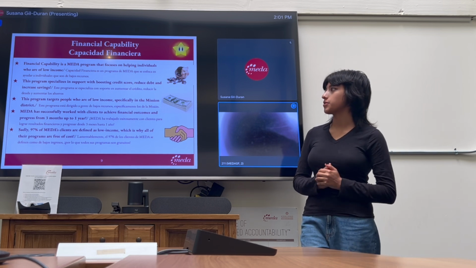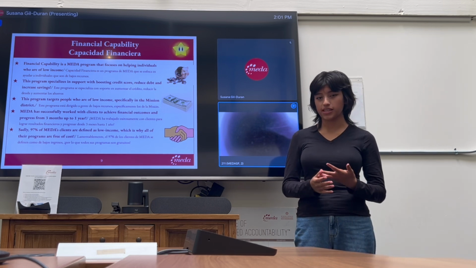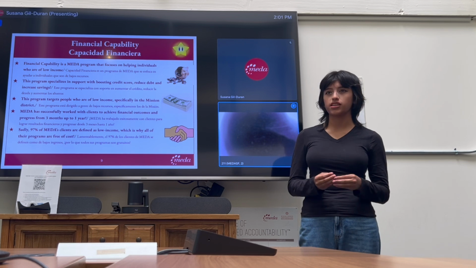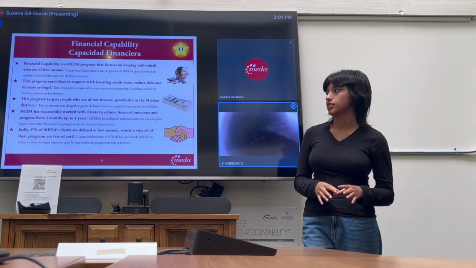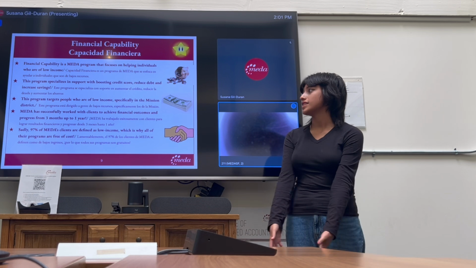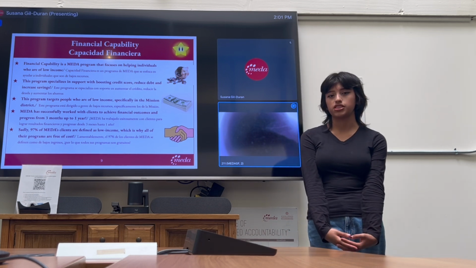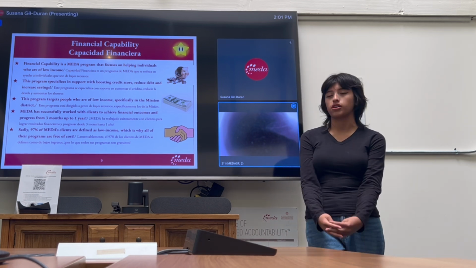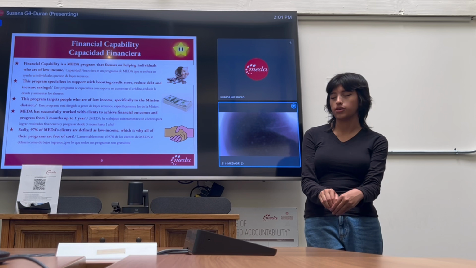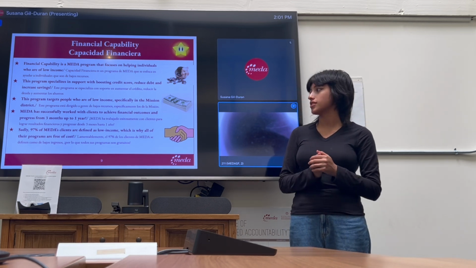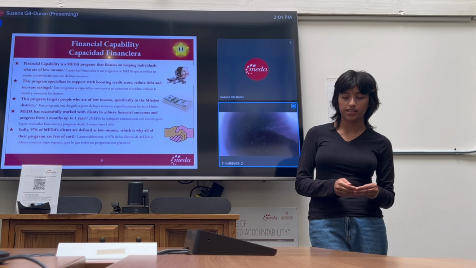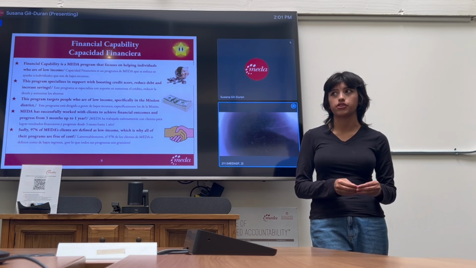As I said, this program targets people of low income, specifically in the Mission District, since that's where a lot of the Latinos are. MEDA has successfully worked with clients to achieve financial outcomes, with progress from 3 months to about a year. Sadly, 97% of MEDA's clients are defined as low income, which is why most of their programs are free.